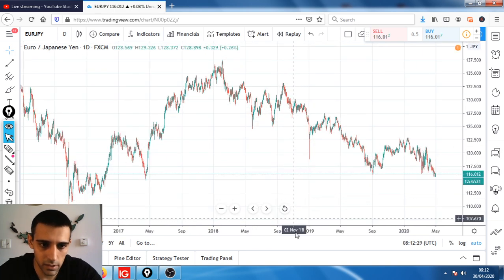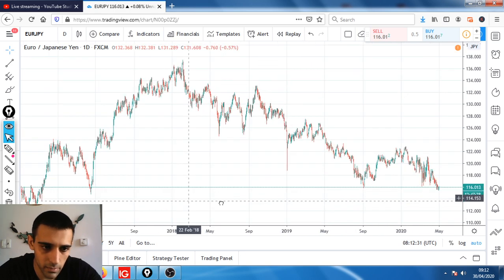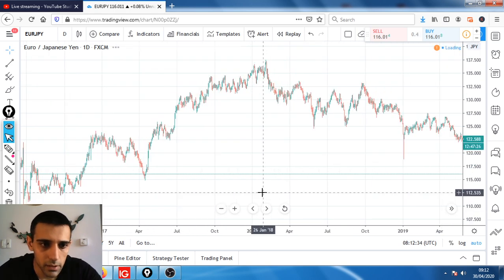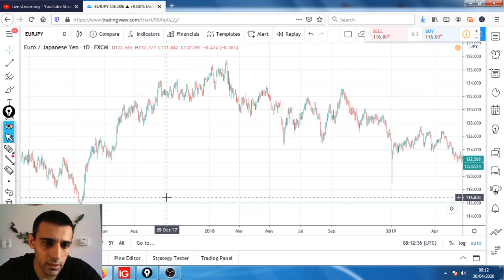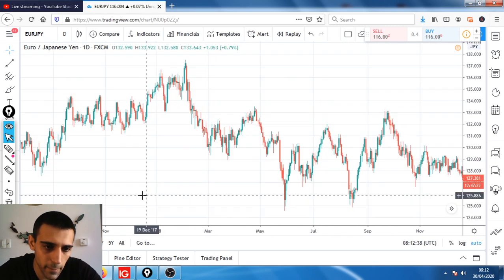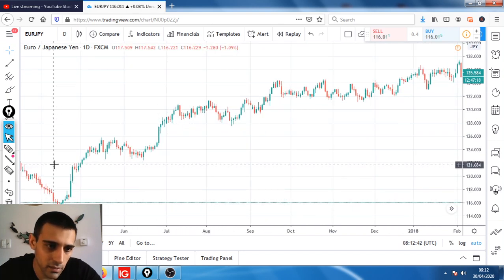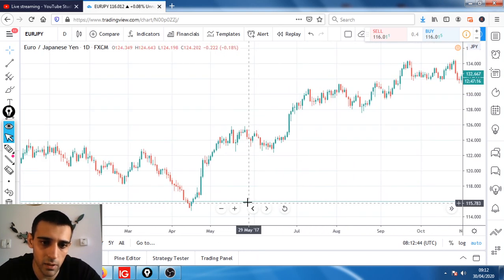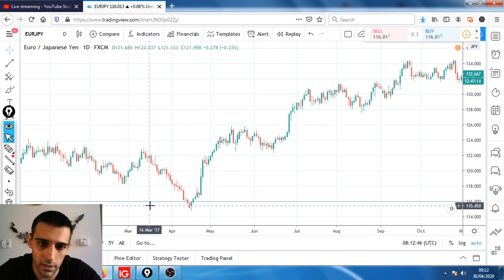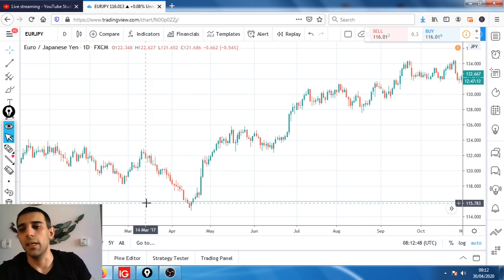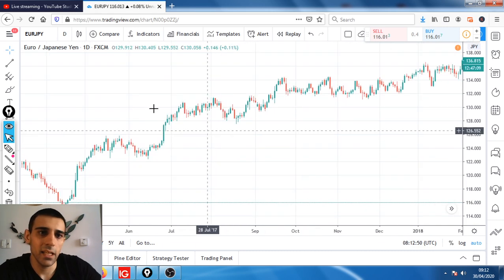Oh, we have this low here. Actually, hold on, price is sitting at this support. I missed this low, but that's too far away. This low in here is from 2017. It's quite far away.